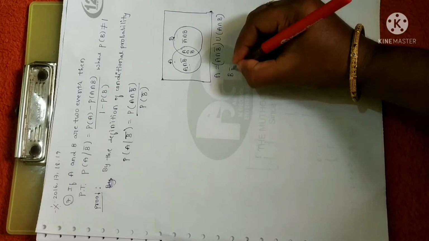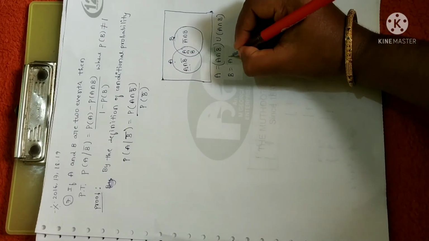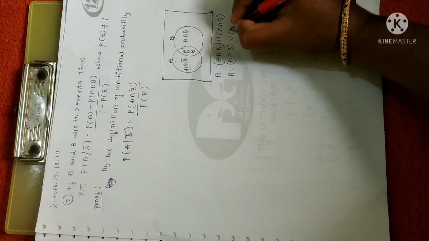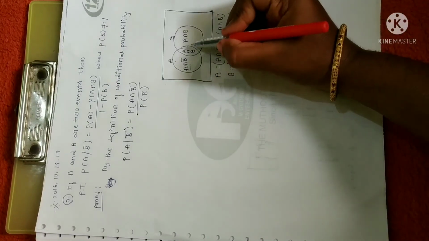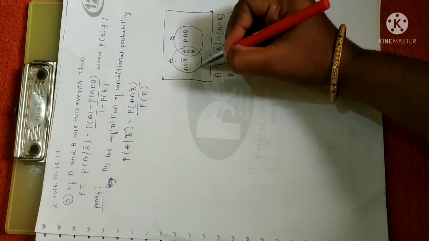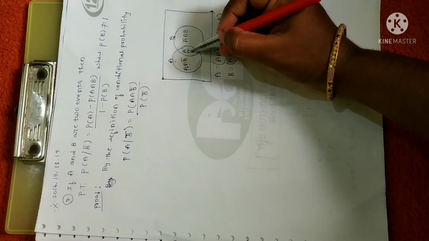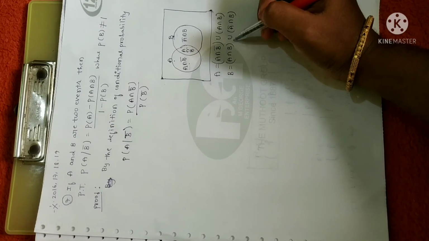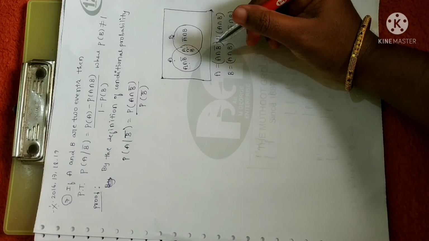Similarly, I can get B by combining these two regions, that is A bar intersection B union A intersection B. Just by looking at the diagram, we can obtain the entire A region by combining this region with this, and the entire B region by combining this with this. Combining in the sense you have to use union. So that is why I have written this. Clear? This diagram you have to write in an exam.